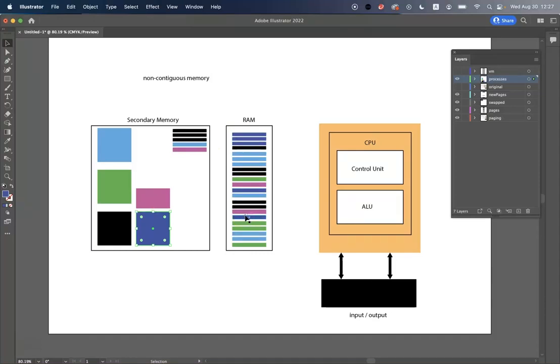Okay, so that's a very brief introduction to the idea of pages, contiguous and non-contiguous memory.